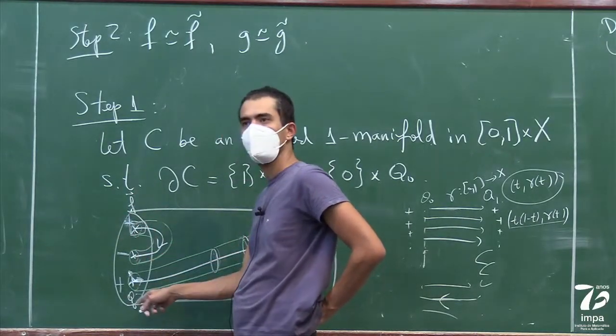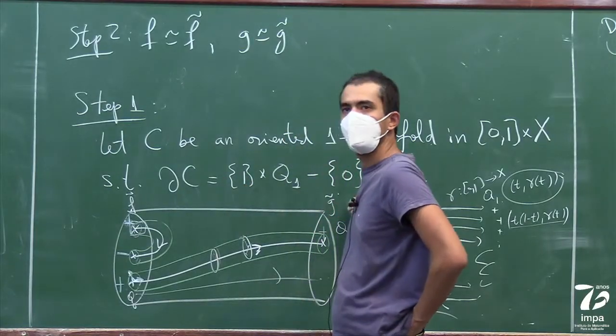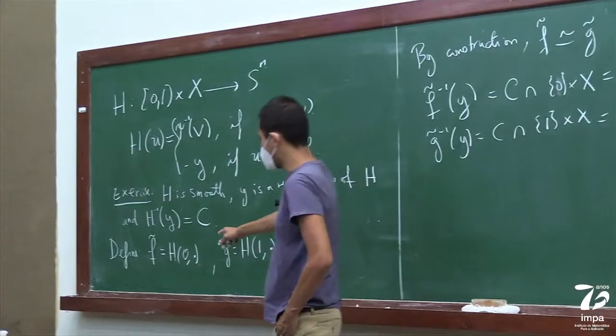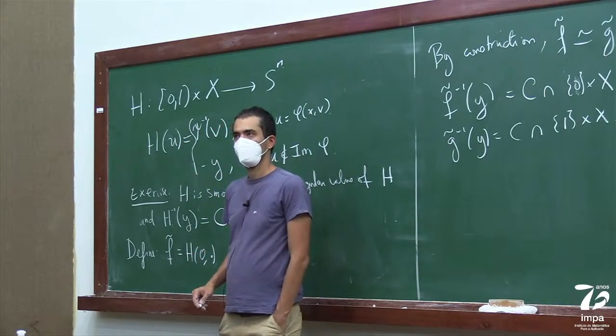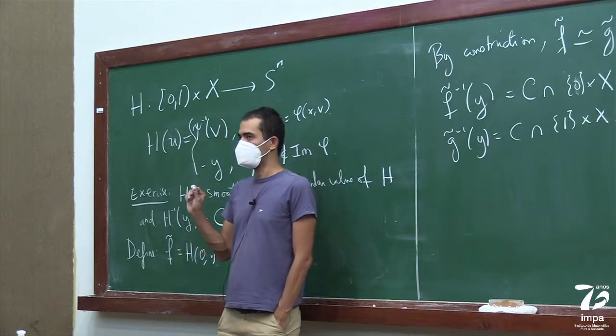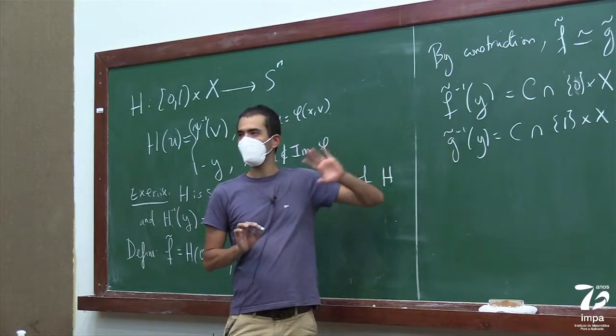So these points are supposed to come with a negative sign because of this, but you flip the sign because you define f tilde as the function like this. Okay? Is that clear? I know it's a subtle point, the orientability, but apart from the orientability, is it clear what I just did?